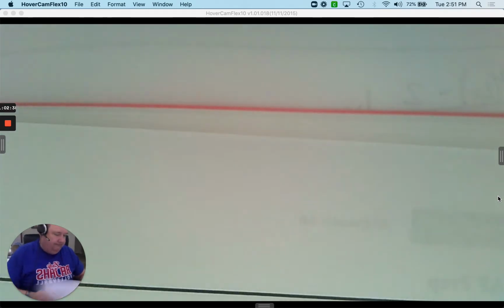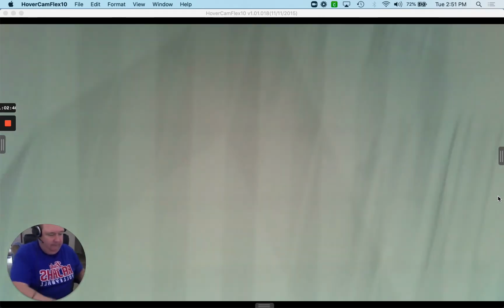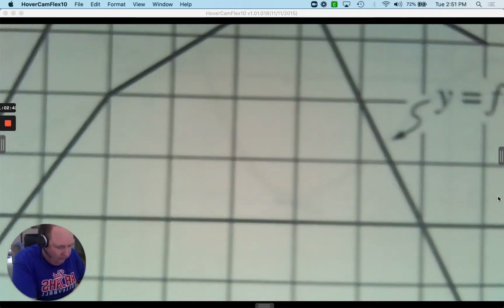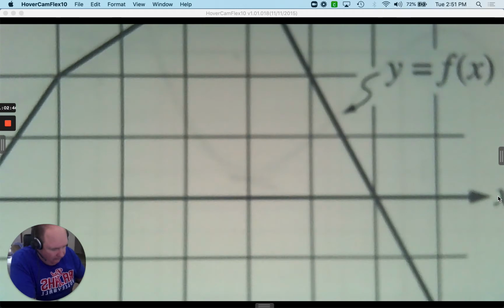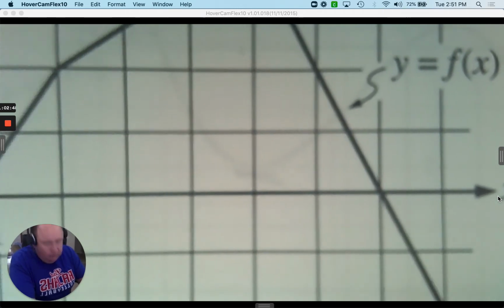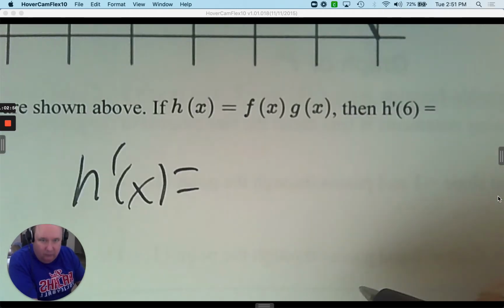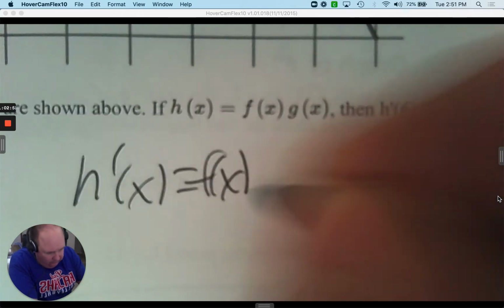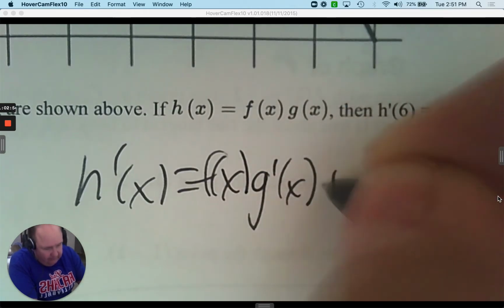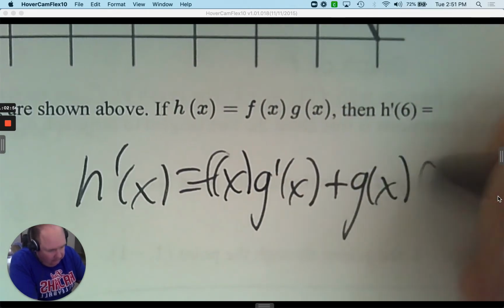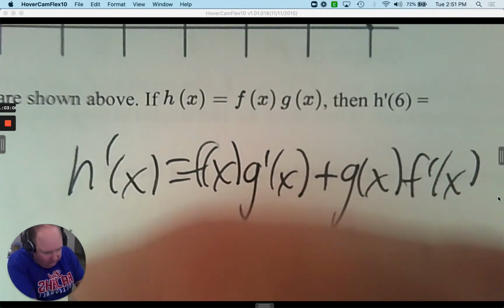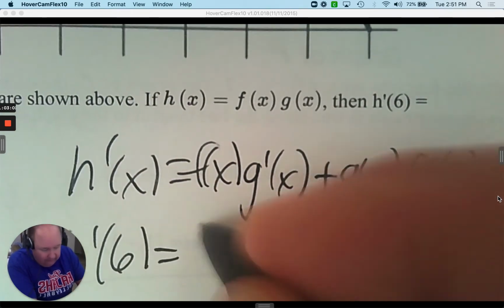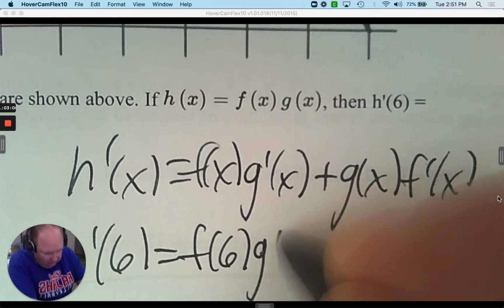42. The graphs of f and g are shown above. h at x equals that, then what's the derivative? So first I have to do the derivative using the product rule. That is the first times the derivative of the second plus the second times the derivative of the first. Then we're going to plug in 6 and then look off the graph to get values at 6.